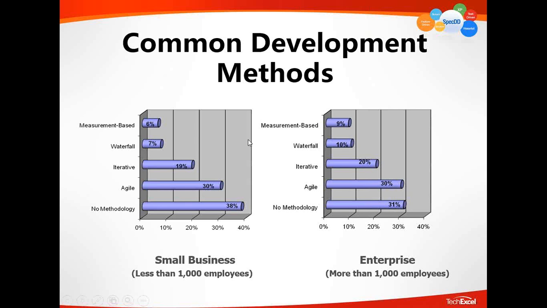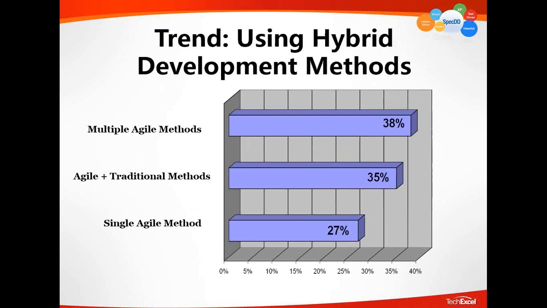If you include iterative methods as a kind of Agile method, where development is divided into iterations, then really the majority of the teams are using Agile development methods. And you will conclude development methods are shifting from more traditional waterfall-like processes to Agile processes.